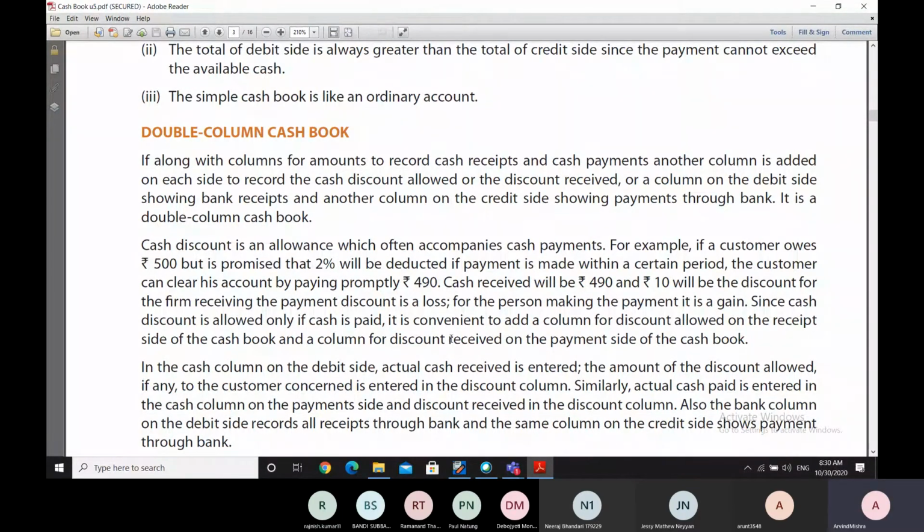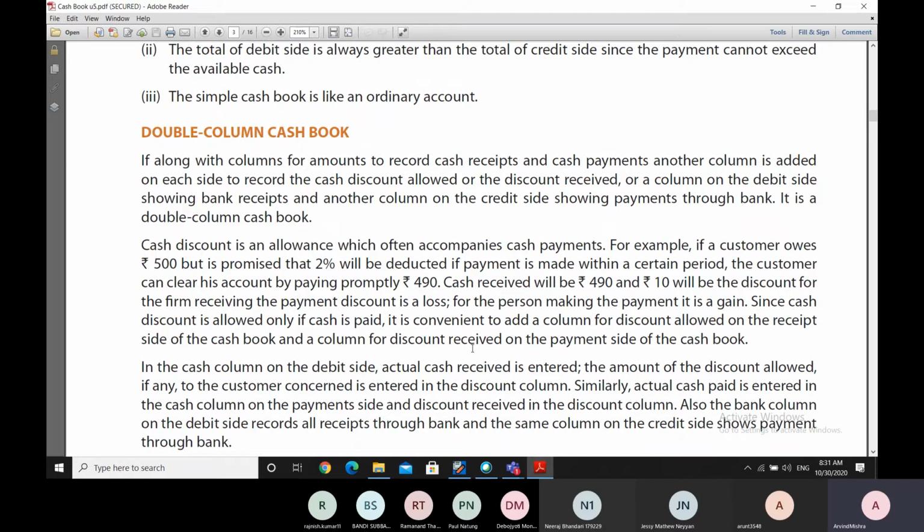So the discount received column would be made on the payment side of the cash book, which is the right side, or we can say the credit side of the cash book. So we can say the discount received column is made on the credit side of the cash book, and discount paid column is made on the debit side of the cash book.